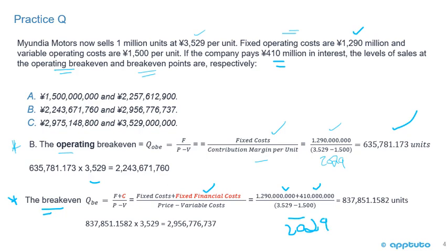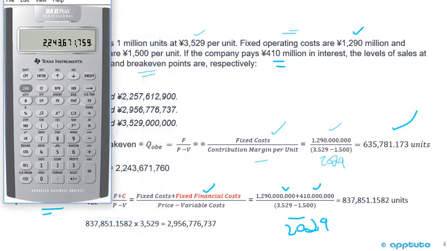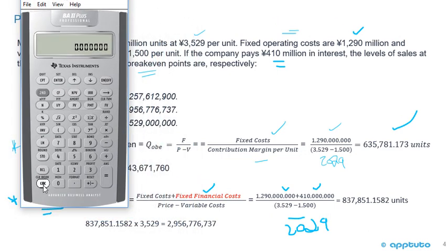If I bring up the calculator again, we'll do this very quickly. I'll move it over to the left-hand side and clear it off. 1,290, and that's in millions, 1, 2, 3, 4, 5, 6, plus our interest, 410 million. So 410, then just 6 zeros: 1, 2, 3, 4, 5, 6. That's how I always remember it.